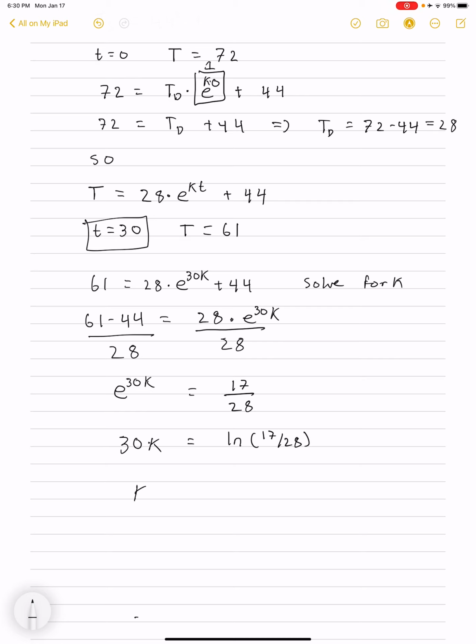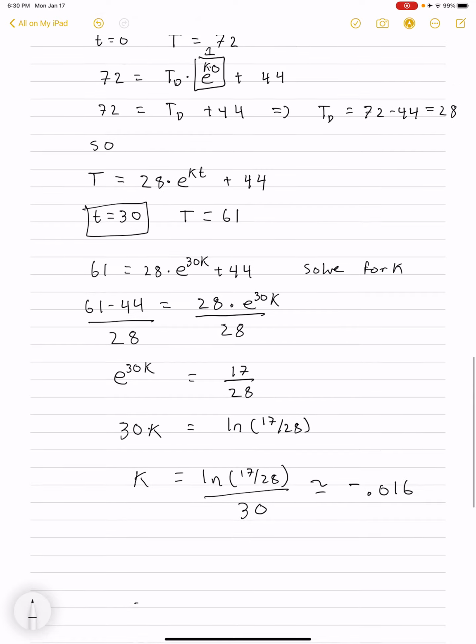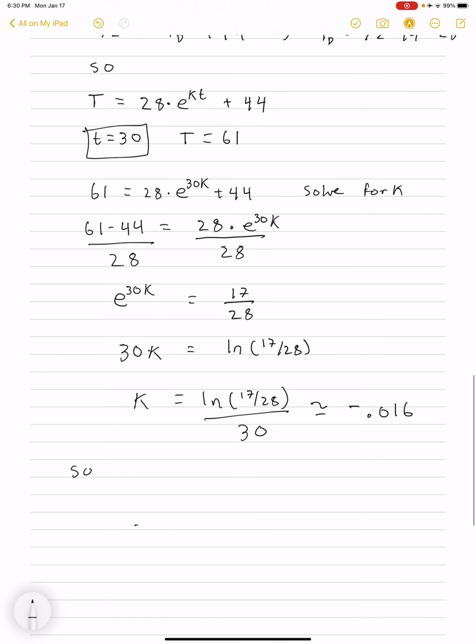So that tells us k is the ln of 17 over 28, and then we divide by 30. This gives us approximately minus 0.016 for the value of k. So the temperature at time t is going to be given by 28 times e to the minus 0.016 times t plus 44.